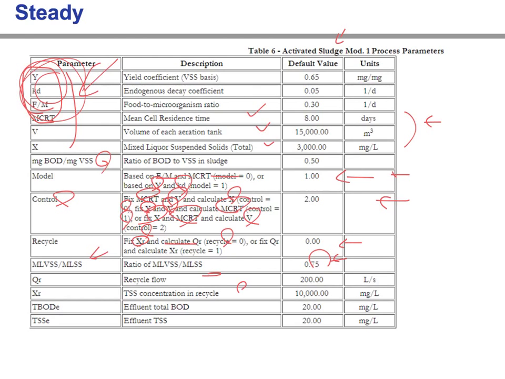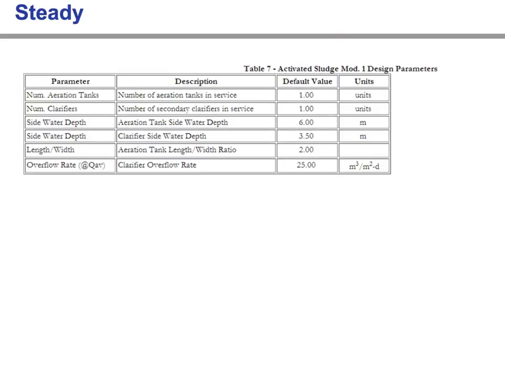QL, XL, BOD in the effluent, and TSS in the effluent have to be selected. We can also provide additional information such as the number of aeration tanks, number of clarifiers, side water depth for the aeration tank, side water depth for the clarifier, and length, width, and overflow rate.